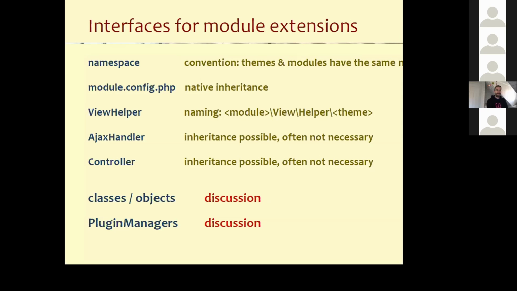You can do it, but in most of the cases, maybe in any case, it's not necessary to do it. So finally, within the discussion, I want to focus on all the other classes and objects within the module, and especially on the plugin managers.